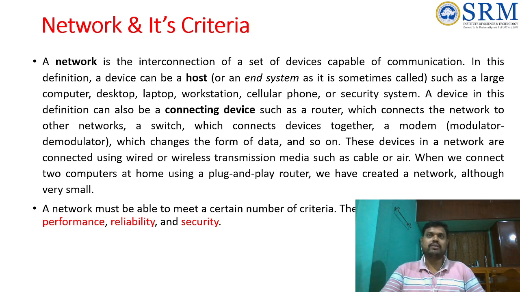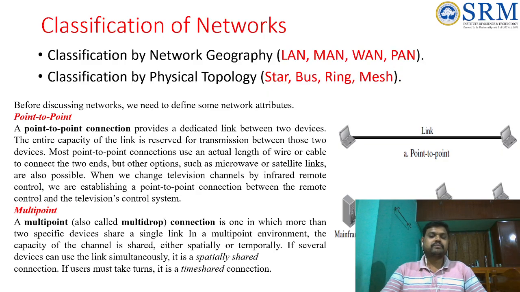Performance includes everything: the rate of transmission, speed, processing ability. Reliability is basically the probability, how reliable it is even in the case of traffic. Security is another concern, how securely it can transfer the data from one end to another. So these are some important network criteria while we design a network.